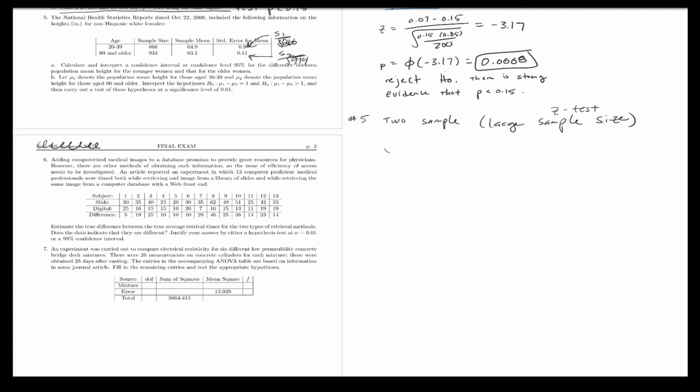So that's going to be x1 bar minus x2 bar plus or minus z sub alpha over 2 times the standard error for the 2 samples, which is the square root of s1 squared over m plus s2 squared over n.